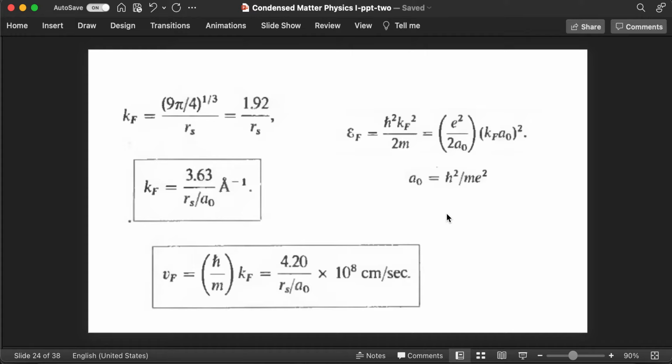This is in complete contrast to the classical idea. In classical physics, the energy at T equal to 0 is 0. All the particles at T equal to 0 will have 0 energy. Therefore, the velocity of the particles at T equal to 0 will be 0 in the classical picture.